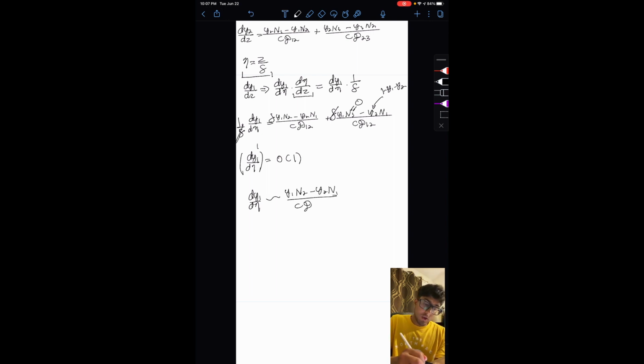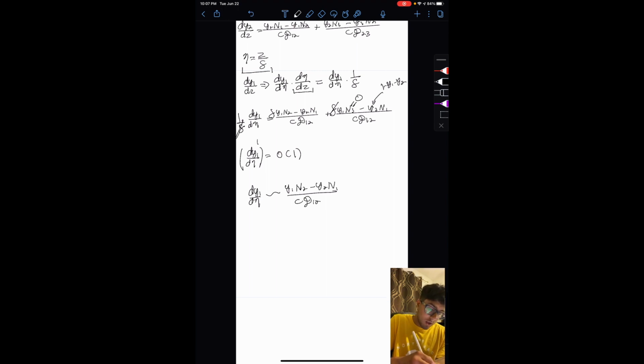We know the concentration is equal to the pressure divided by RT. And we know that this is a gas.